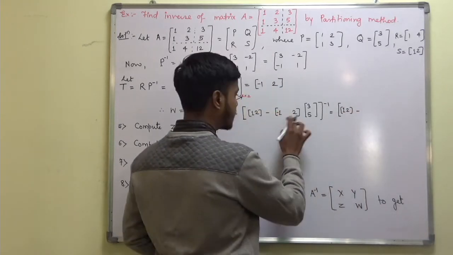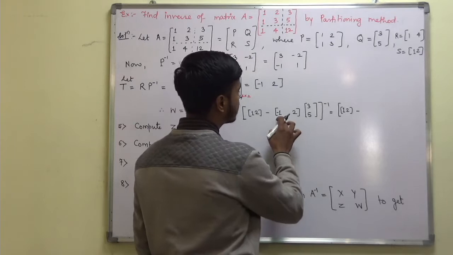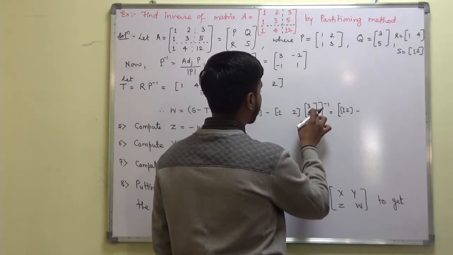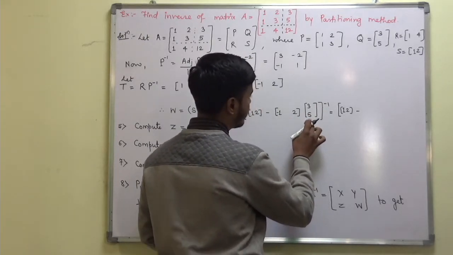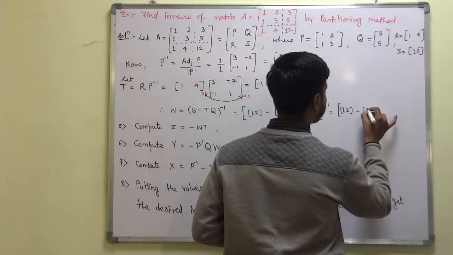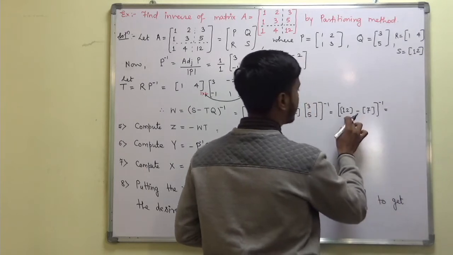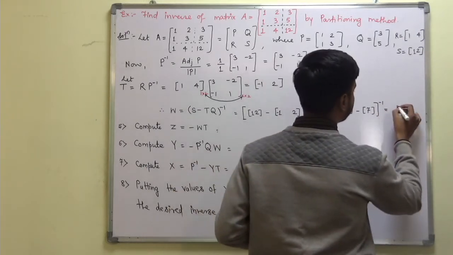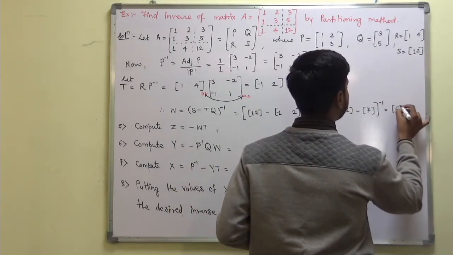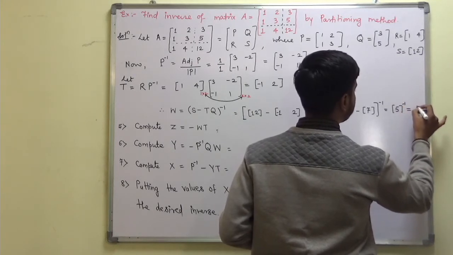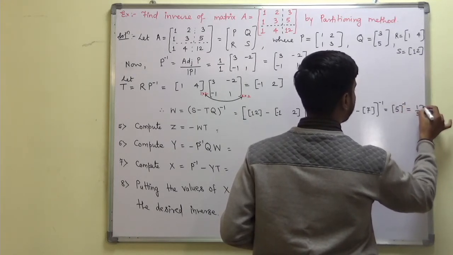So matrix multiplication is possible. So this is minus 3 plus 12. Minus 3 plus 12 is plus 7 inverse. So 12 minus 7 is 5. So I am getting 5 inverse, or you can write it as the matrix 1 by 5.